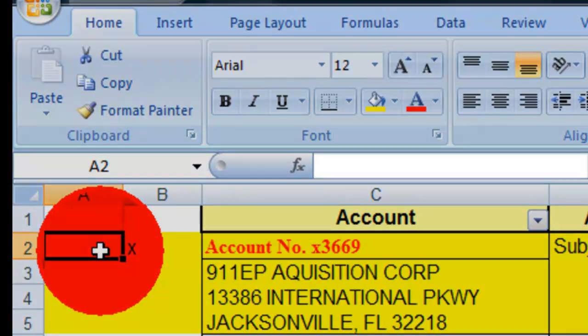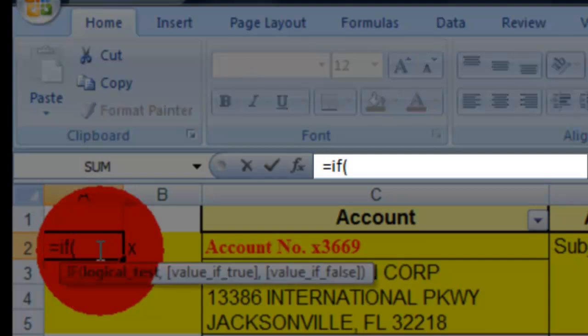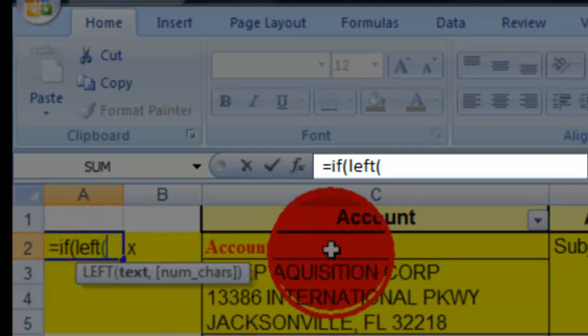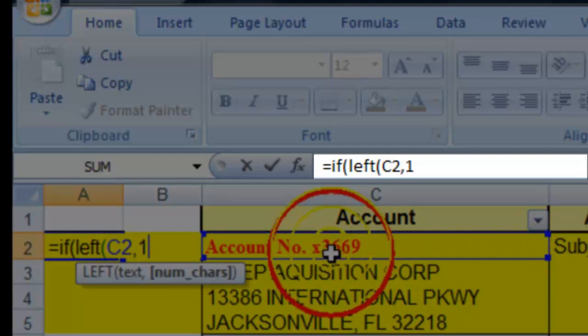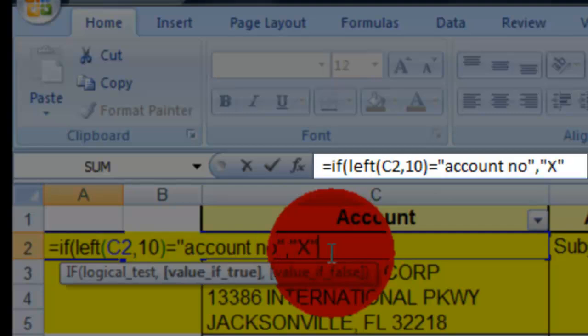The formula goes like this: equals IF, LEFT, cell C2 comma 10, equals "account numbers", then mark X, otherwise leave it blank.